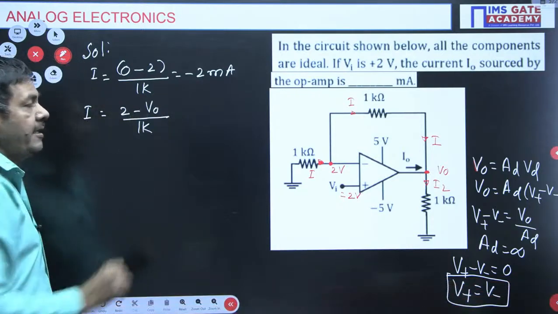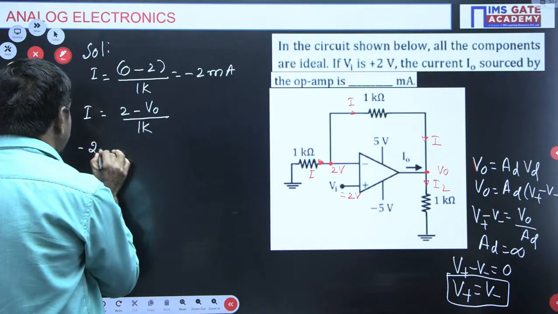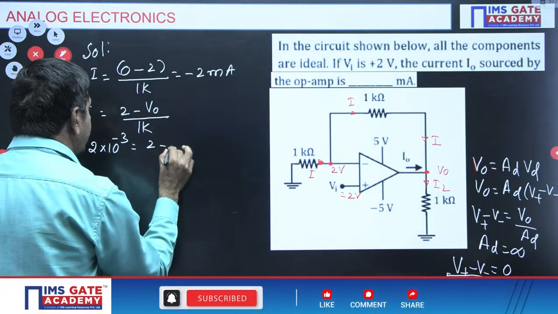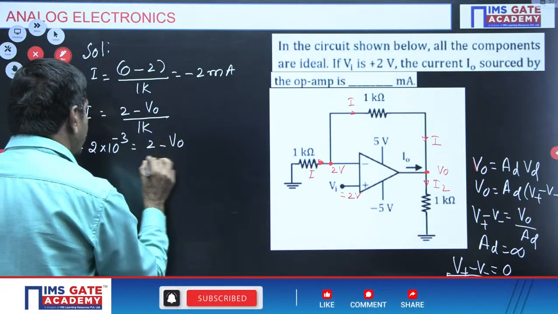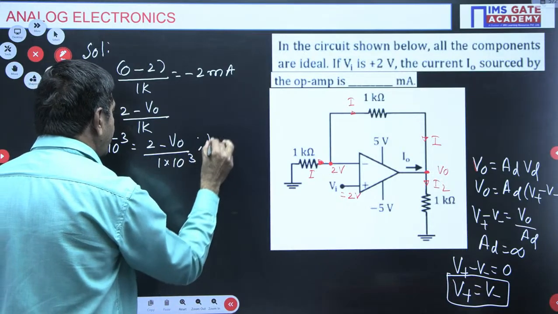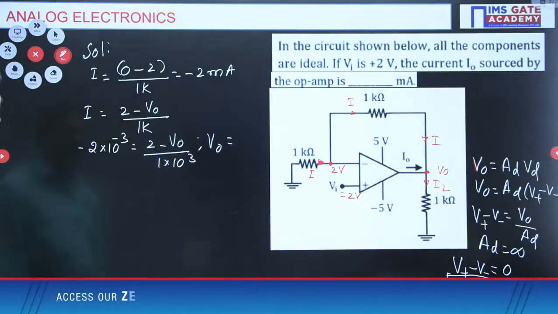The value of I we know is minus 2 milliamperes, so minus 2 milliamperes equals 2 minus V0 by 1 into 10 power 3. But what is V0 here now?